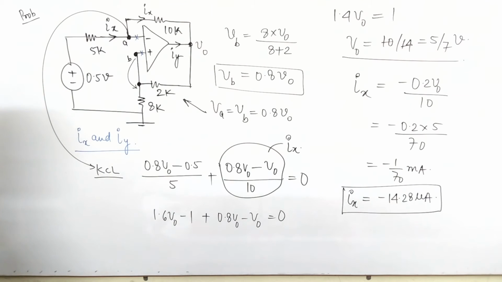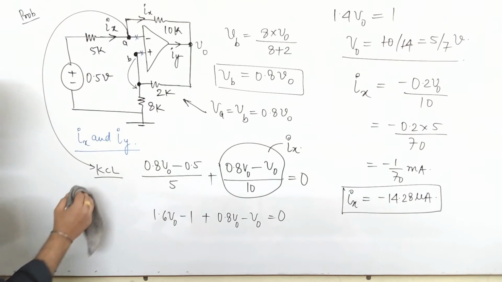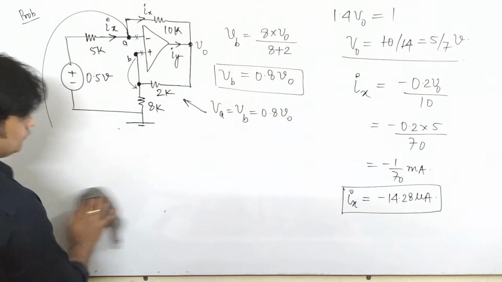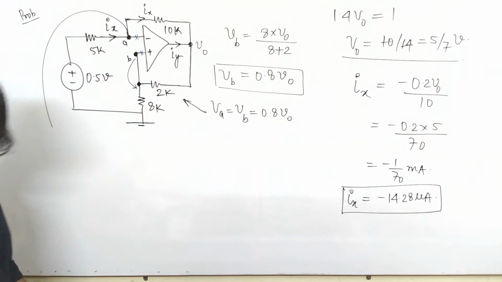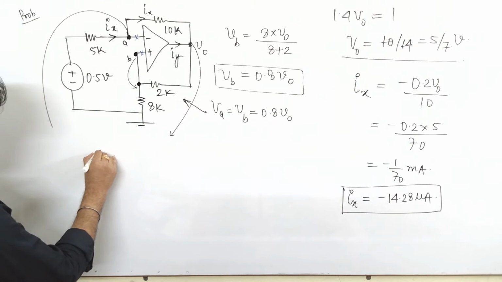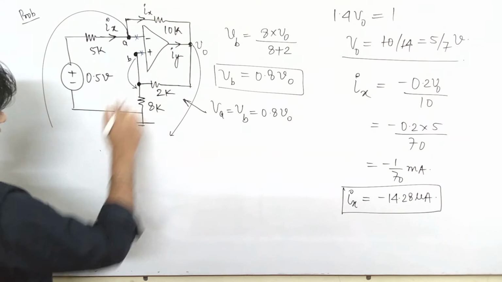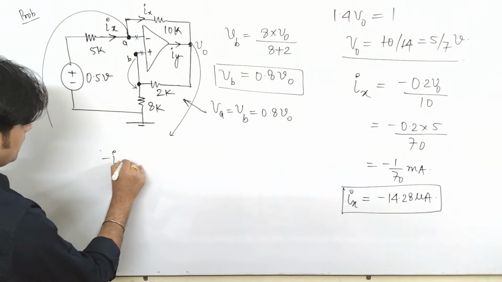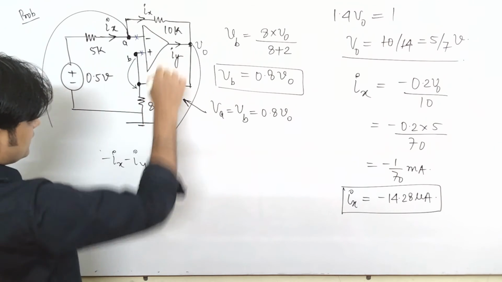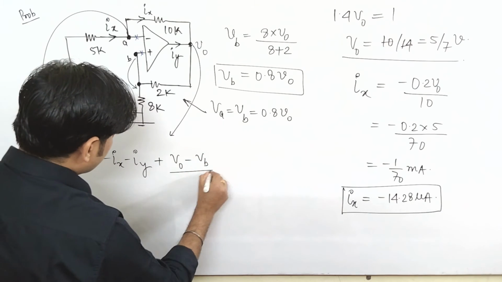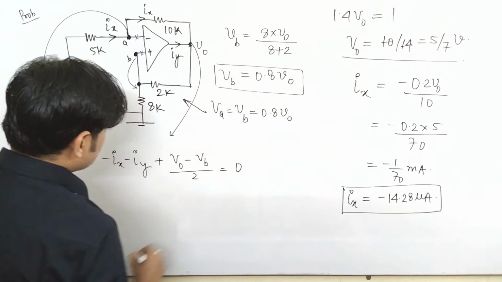Now once you know the value of Ix and V0, can you find the value of Iy? Yes. How? We'll see. For finding this value, I am applying KCL here. Ix is the current coming towards the node, so it is minus Ix minus Iy, the current which is coming towards the node, plus (V0 minus VB) divided by 2, that is equal to 0.